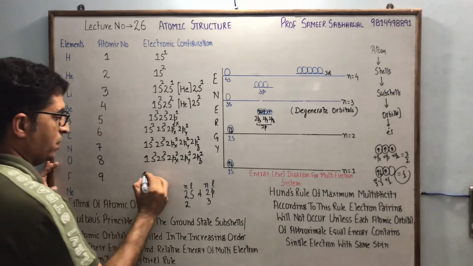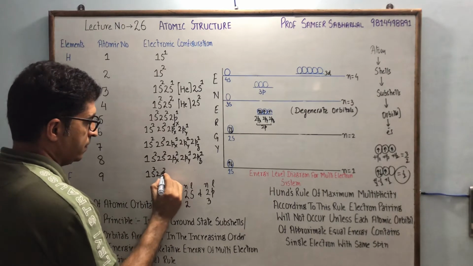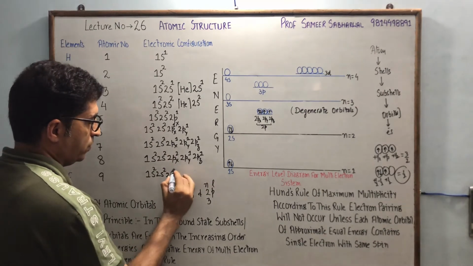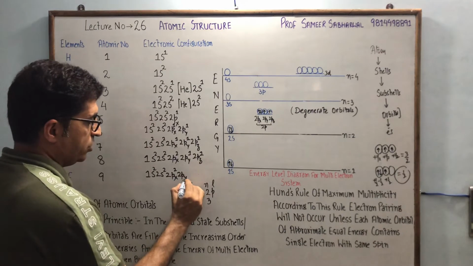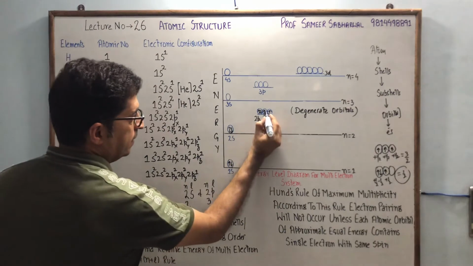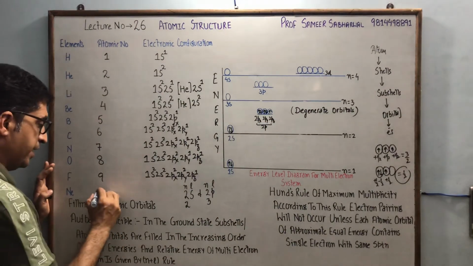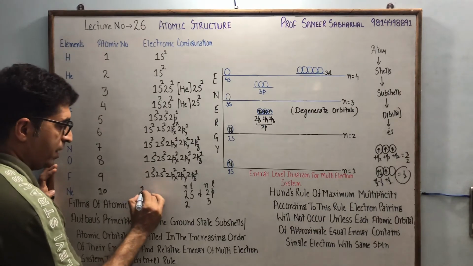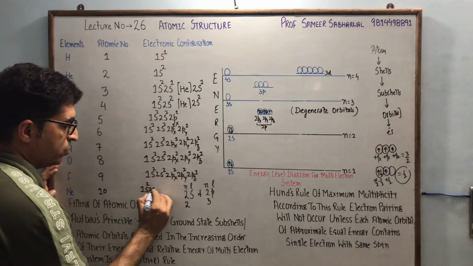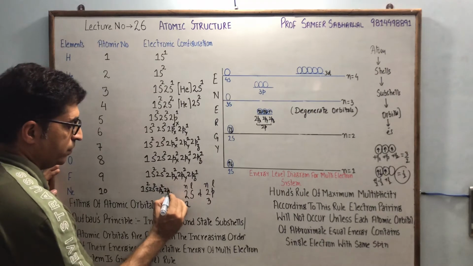Then 9: 1s2, 2s2, 2px2, 2py2, 2pz1. Is that right? And 10: this is 1s2, 2s2, 2px2, 2py2 and 2pz2.